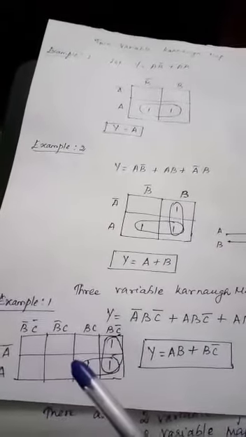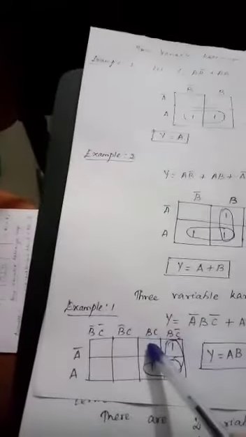For a bar b c bar we put a 1 here. Then the next term is a b c bar, so here we put 1.